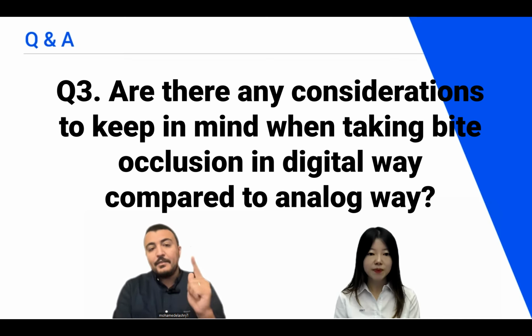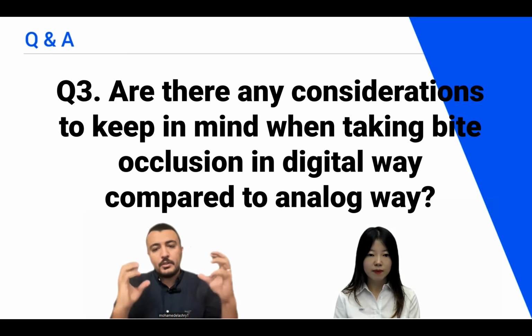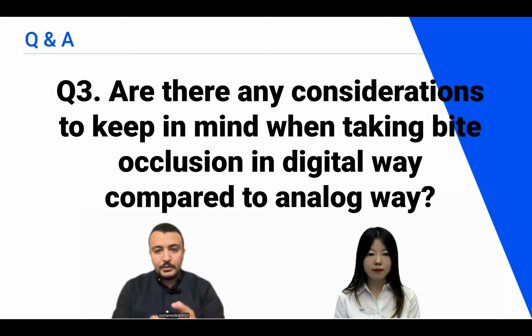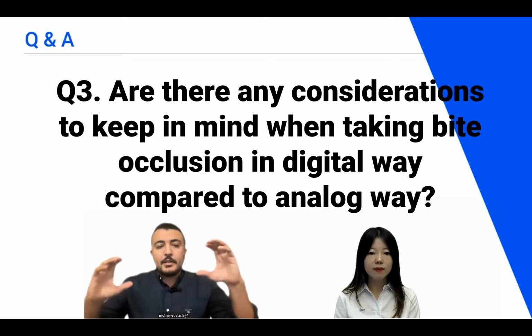The second very important one regards complete mouth rehabilitation cases. When we scan the relationship for complete mouth rehabilitation cases, we have to scan the relationship in two positions, right and left. Because if you scan in one side, according to literature, there will be some tilting effect of the arch towards the acquisition side.